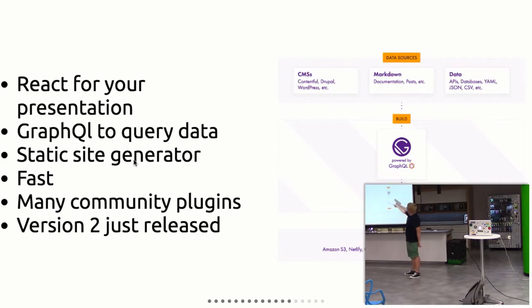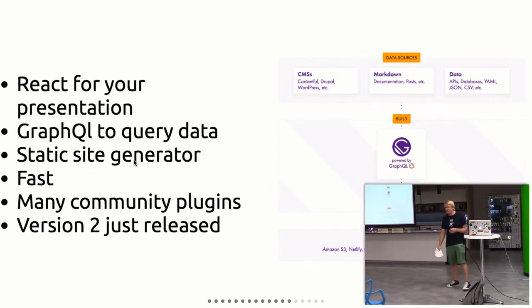The cool thing is you can pretty much query any data, any headless CMS, or even a CMS that's running, maybe even Firebase or something, Google Docs, whatever you want. And then it's fast. And once you build this, you get a static site. And there's tons of community plugins, which is also good. So you don't have to do stuff over and over.